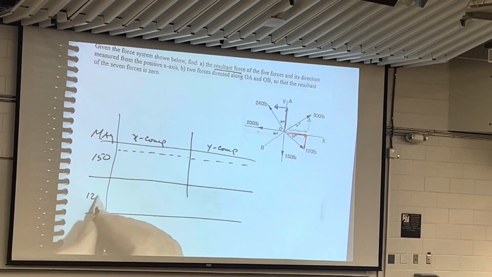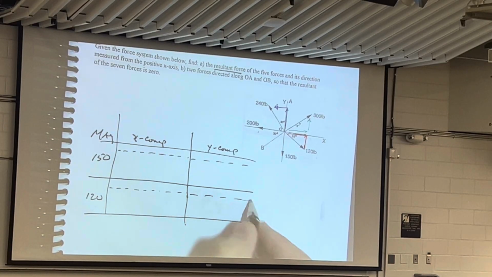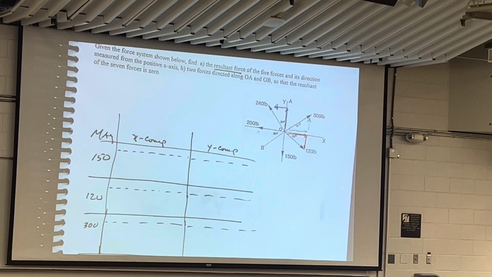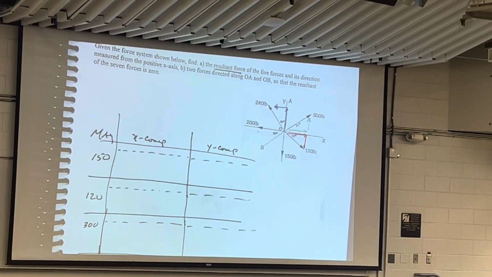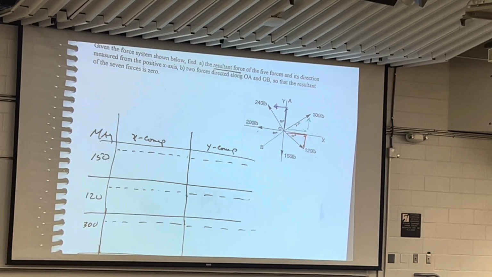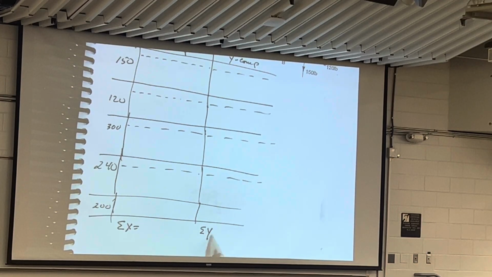This will be the 120. This will be the 300. This will be the 240. And 200. And at the bottom of this, I'm going to sum the x's and sum the y's.